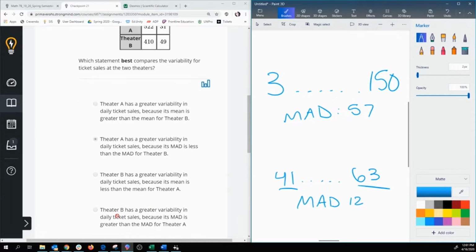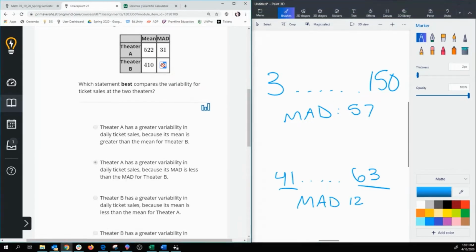So theater B obviously has a bigger mean absolute deviation, which means that those numbers are more spread apart, which means that they have more variation because you have a lot wider range of numbers.